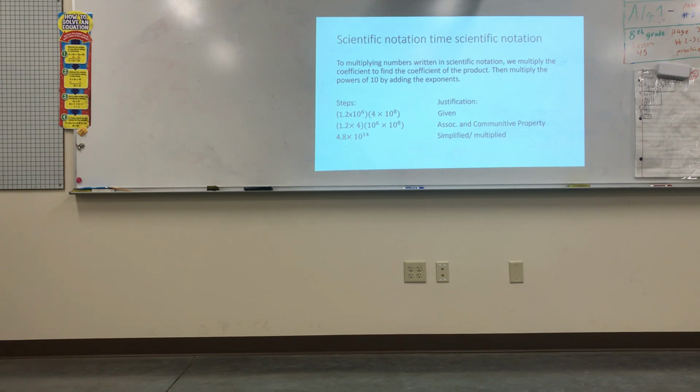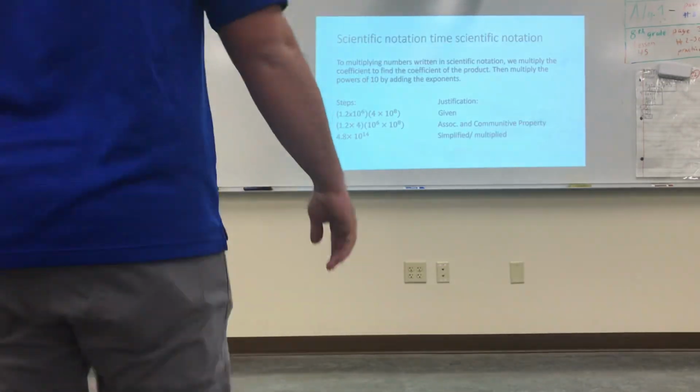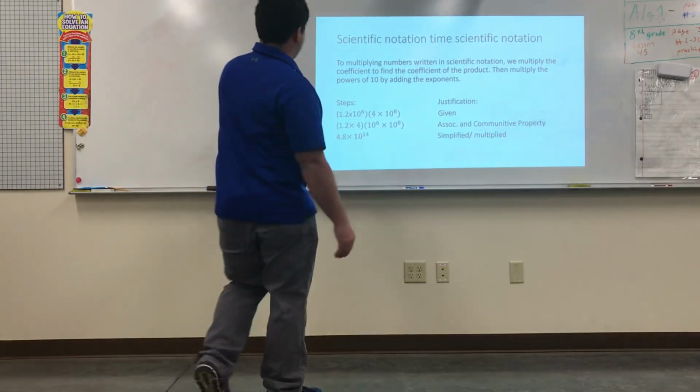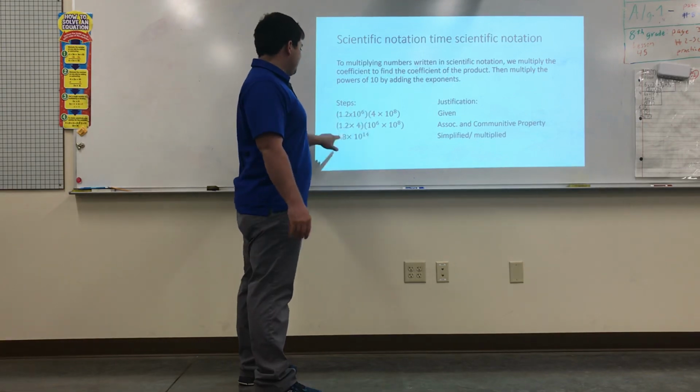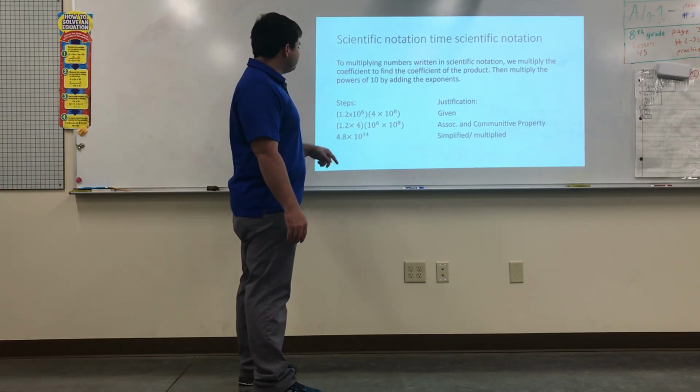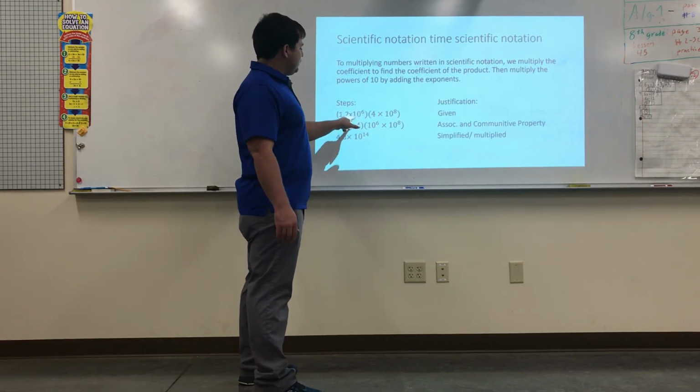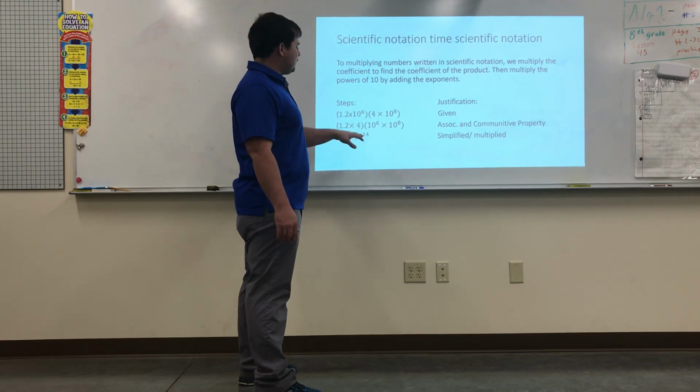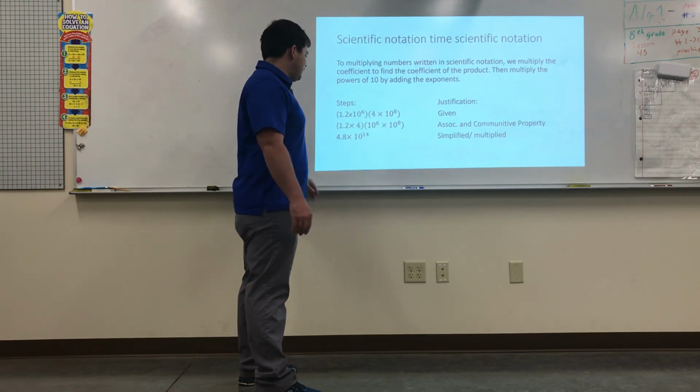So, first off, we have 1.2 times 10 to the 6th and 4 times 10 to the 8th. When they say multiply the coefficients, they are talking about taking 1.2 times my other coefficient. And then they're going to take the base 10 with the powers and put them behind.